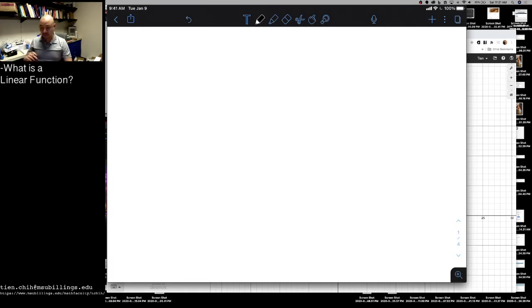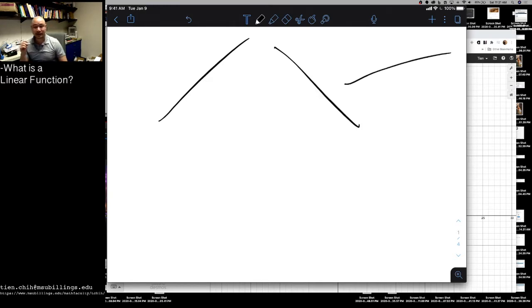So what we notice about lines in general, if I draw out some lines, is that they all have some sort of constant rate of change, even if that rate of change, say, is zero.